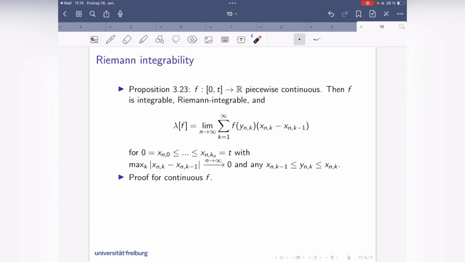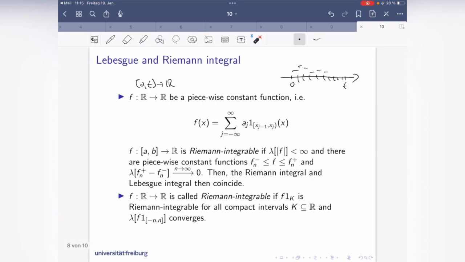Well, for the proof, I do not want to say too much. Again, the main thing is that you have just more general functions than those you use when you define the integral in the first place. And we can use the techniques from there.